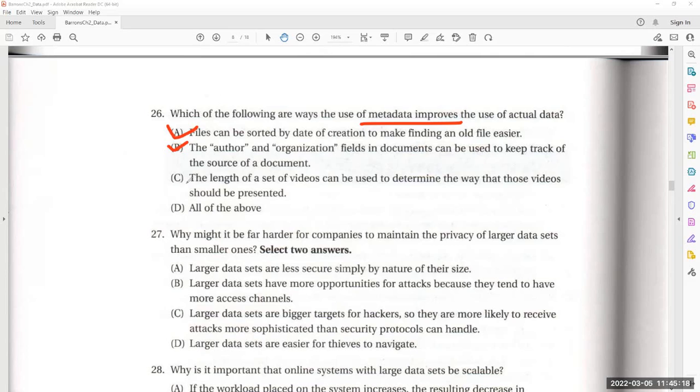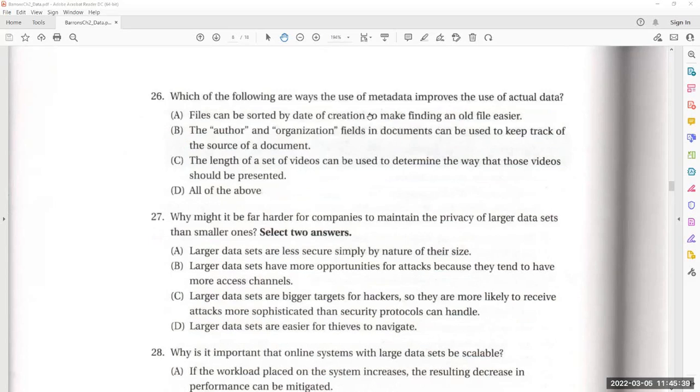Okay. So let's continue to look at C. The length of a set of video can be used to determine. Okay. Yes. You know this file period how long. So when we try to do playback, we can print it. Yes. So this one is actually D. Okay. Or above. So number 27.